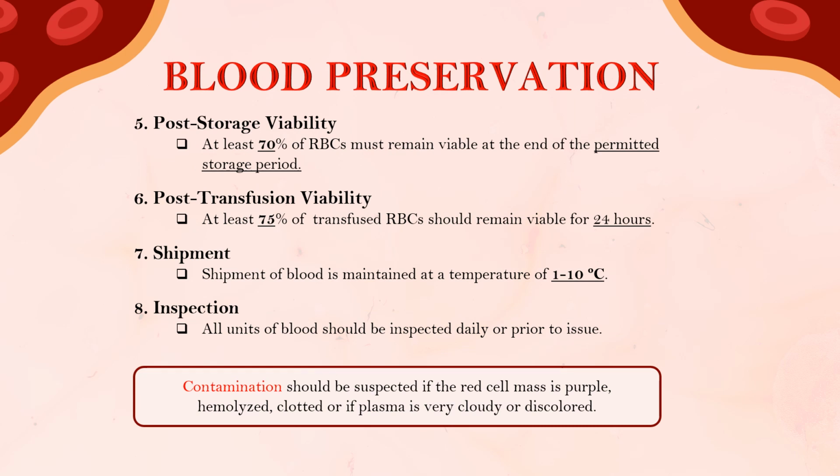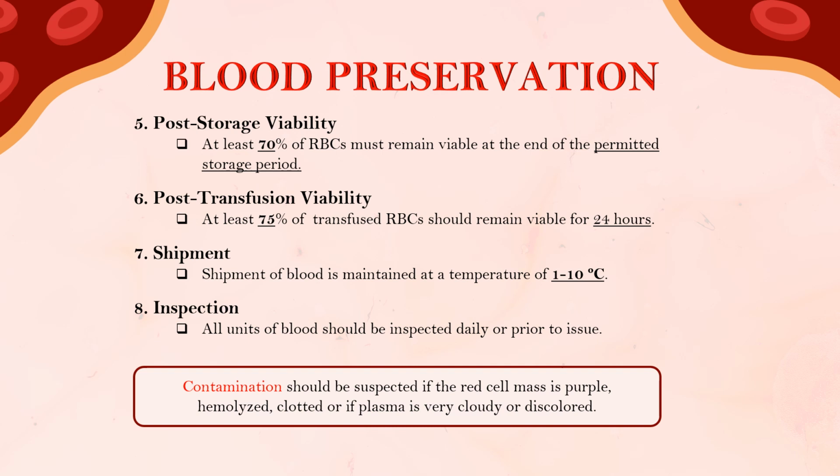Okay, this next two, your 5 and 6, are your cellular viability requirements. At least 70% of RBCs must remain viable at the end of the permitted storage period, and this is termed as your post-storage viability. And at least 75% of RBCs that have been transfused to a recipient should remain viable for 24 hours.